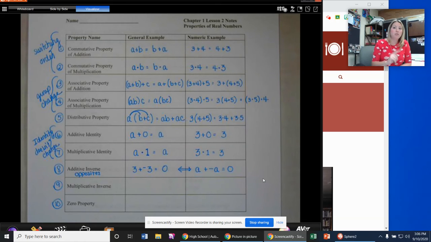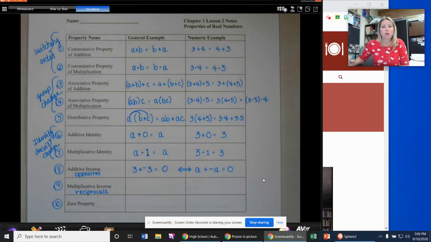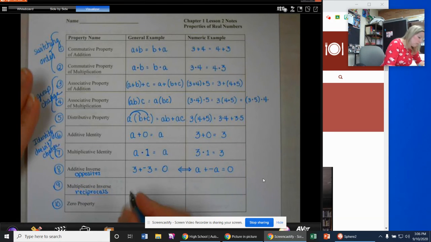Now, multiplicative inverses are different, okay? Because multiplicative inverses are reciprocals. Reciprocals are a number and its flip of a fraction, okay?